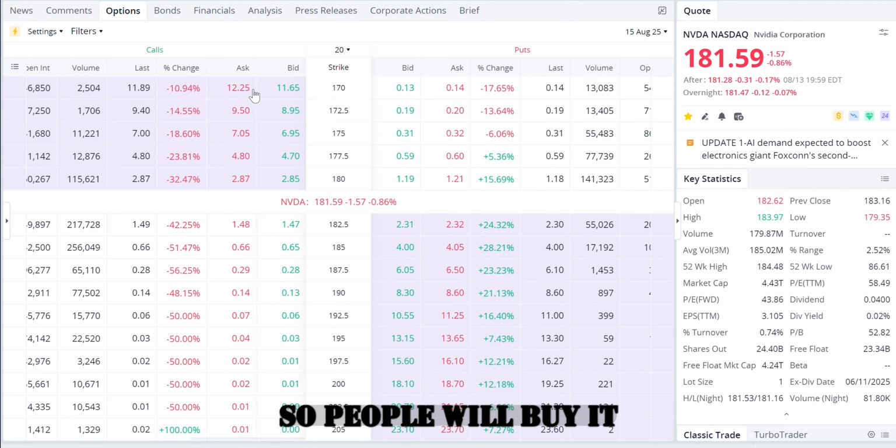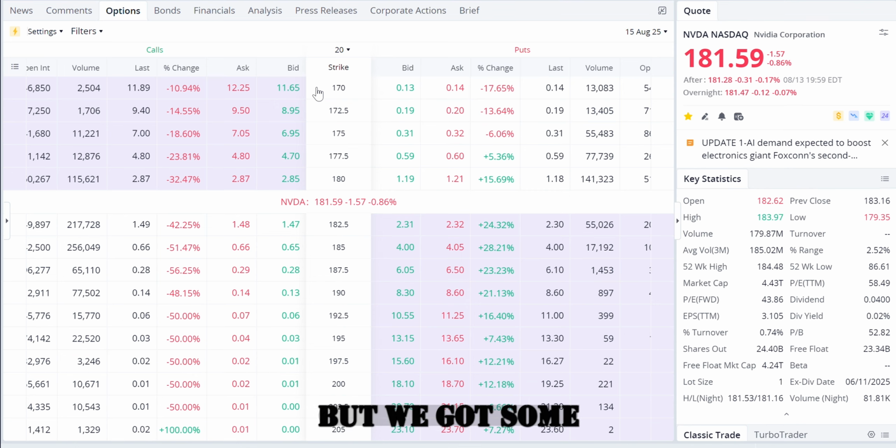So people will buy it at the 170 because NVIDIA is already above 170, 11 points, sitting at 181. So people do this because the stock may come back down as it's coming down now.